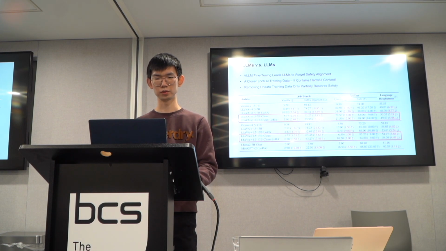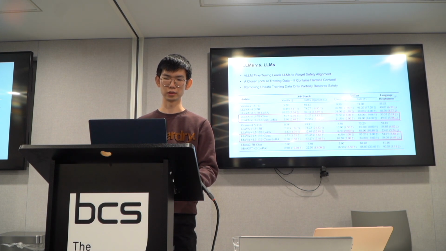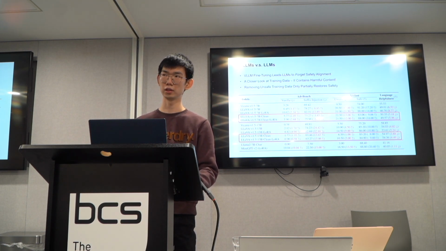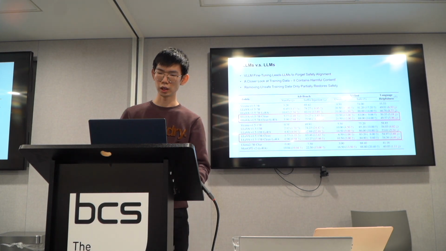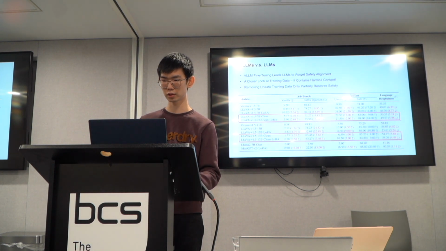But still, you can see compared to the original language model, the attack success rate increases. It becomes more active in responding to the harmful instructions. So this is not only about the training data, but also fine-tuning the weights of the large language model breaks the pre-established alignment. So an explicit alignment strategy for vision language models is required, and that's what we do in this work.